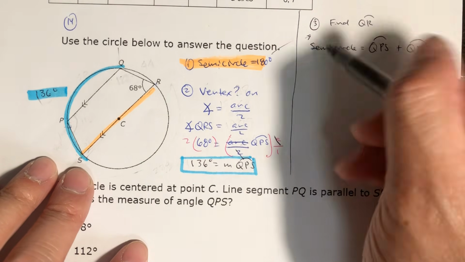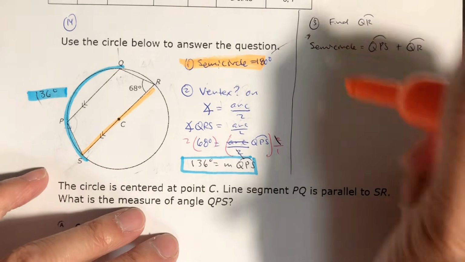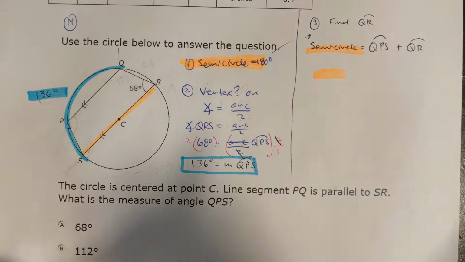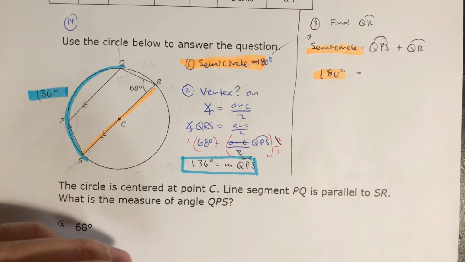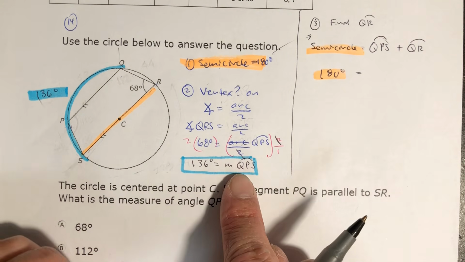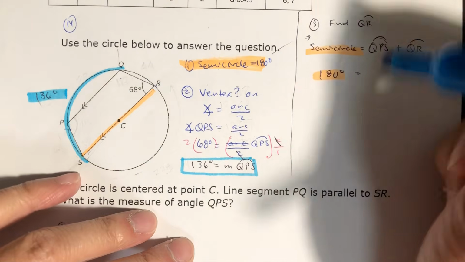If a semicircle is 180 degrees, then arc QPS, which we found here in blue, is 136 degrees.